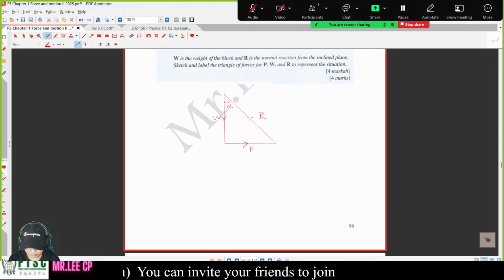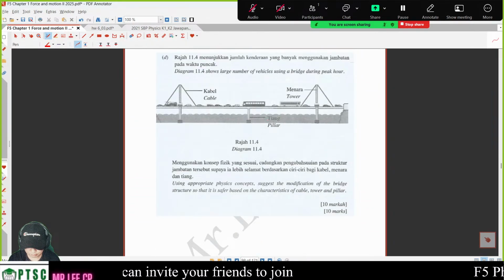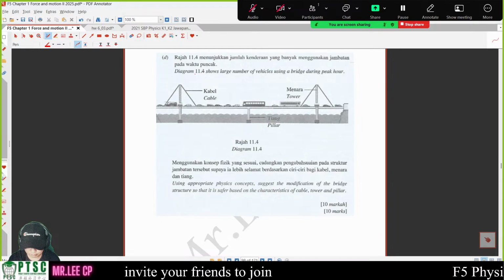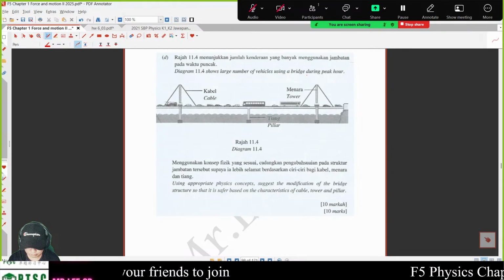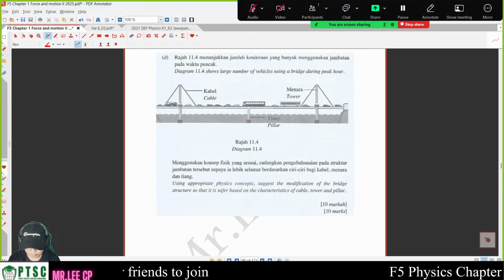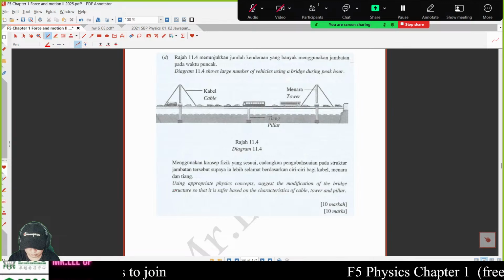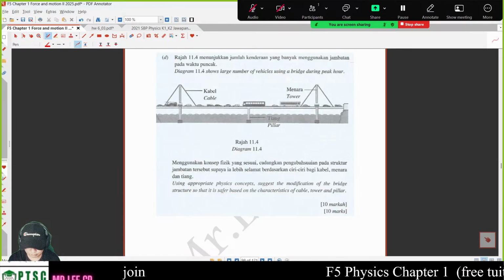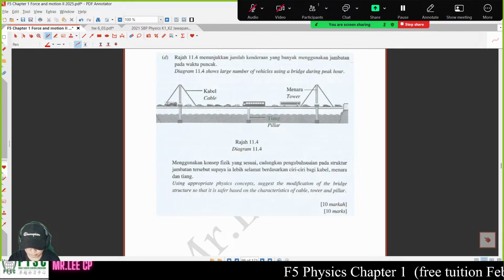Okay. Question 11(d). Diagram 11.4 shows a large number of vehicles using the bridge during the peak hour. Using appropriate physics concepts, suggest a modification to the bridge structure so that it can be safer. Characteristics of cable, tower, and pillar.